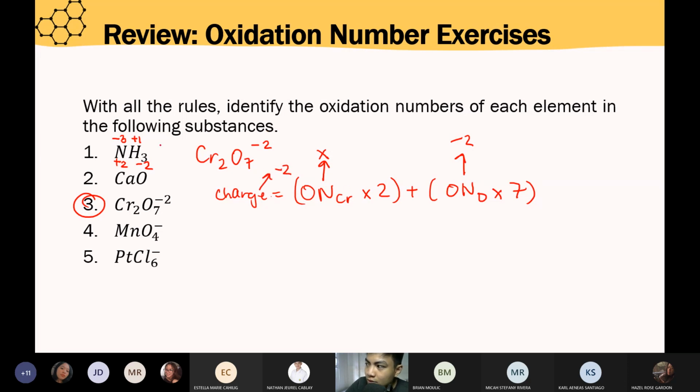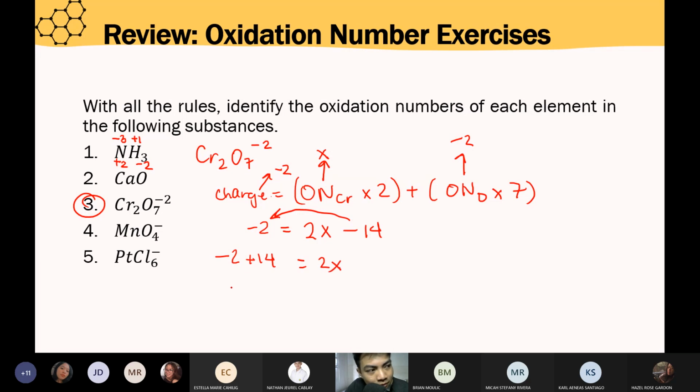Okay? So, with all this in mind, ipasok mo na lahat sa equation. So, that will be negative 2 equals x times 2, 2x, negative 2 times 7, negative 14. Okay? So, transpose, lipat mo to doon. That becomes positive.